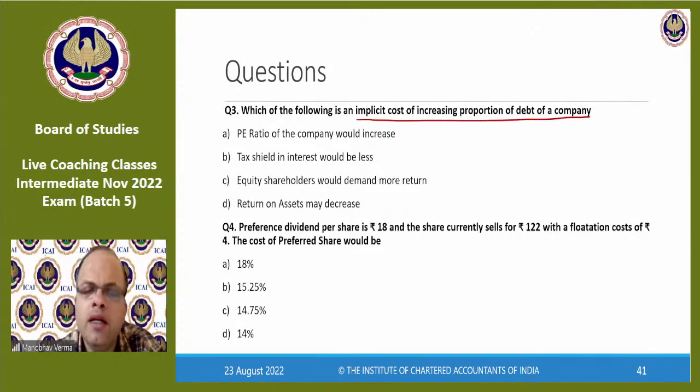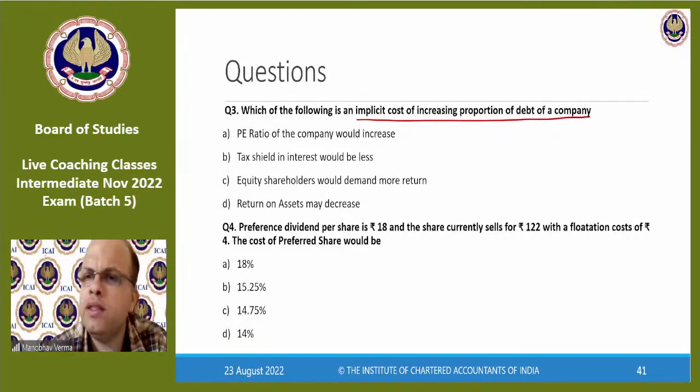Guys, based on the information given to us, is there any information about the earnings of the company? Even if there is an increased portion, probably there will be higher interest, right? We don't even have information on the price of the share. How can we comment that the P/E ratio of the company would increase?